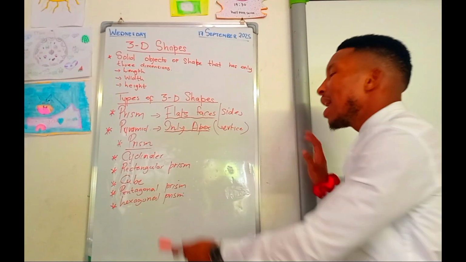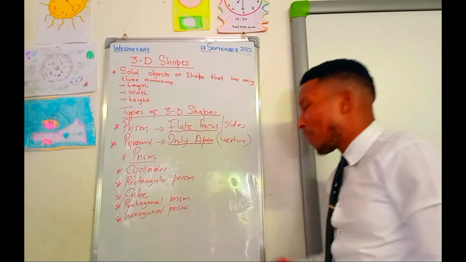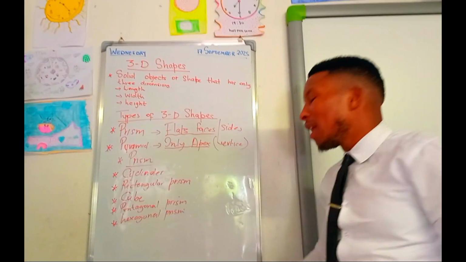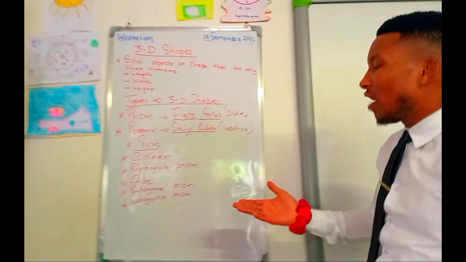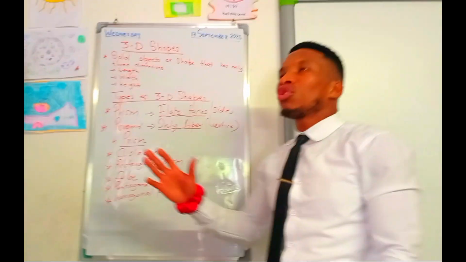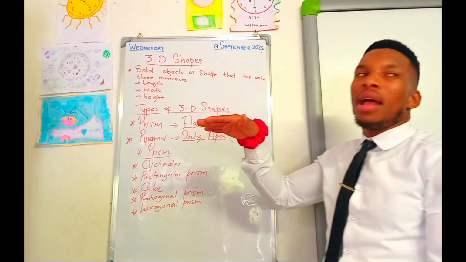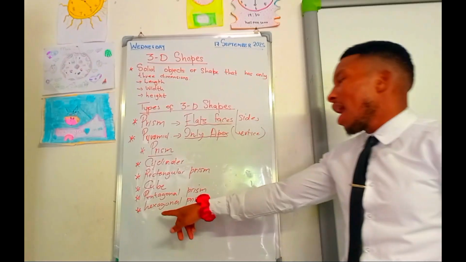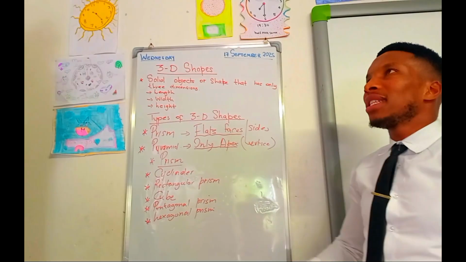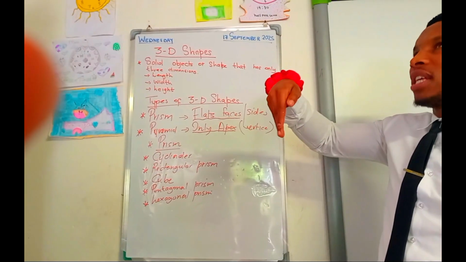Therefore, we call it a pentagonal prism because it contains the pentagon. A hexagonal prism is a shape that has 6 sides. Therefore, we call it that because the base or the top view is a hexagon, which has 6 sides. Then it's going to have 6 side faces as well.